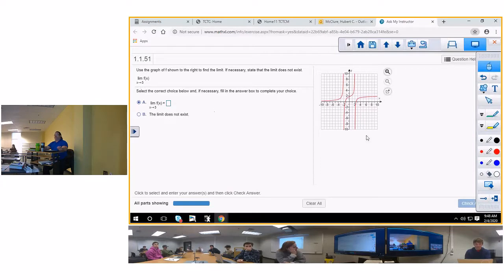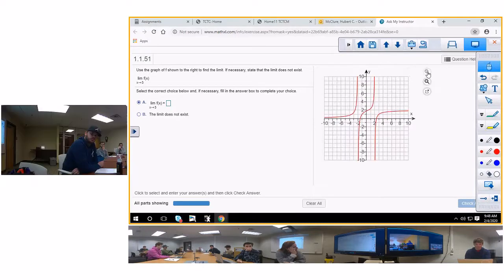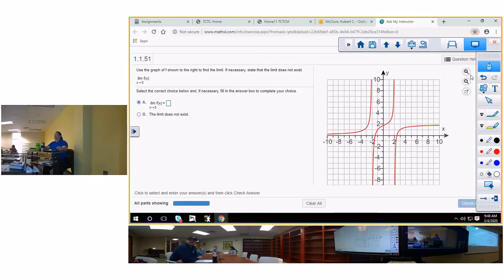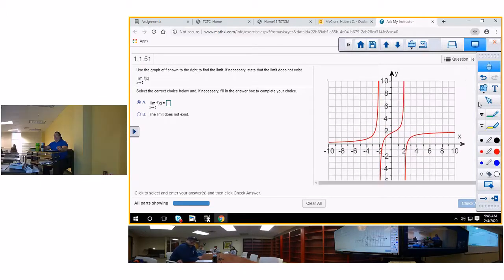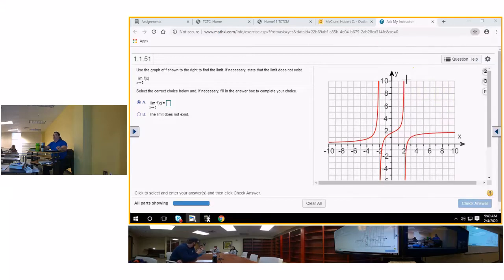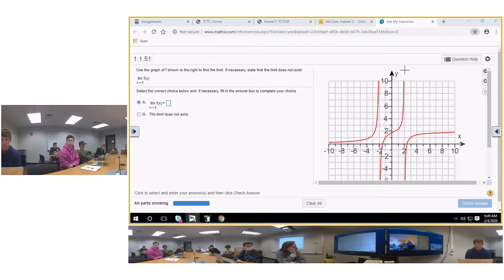Before you even start this problem, you need to blow it up like super big. Why? So you can see it. I'm going to show you a trick I learned in the war. You take your handy dandy line maker or your straight edge, and I'm going to use the real light yellow to prove a point. You can't do that anymore, don't think we can draw on our graphs.